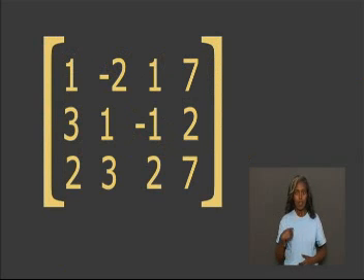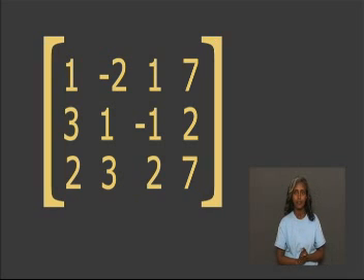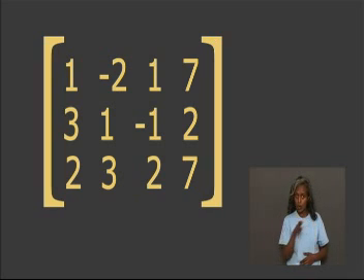Our first step is to write out the augmented matrix. In our first row, we have 1, -2, 1, and 7. In our second row, we have 3, 1, -1, and 2. Our third row is 2, 3, 2, and 7.